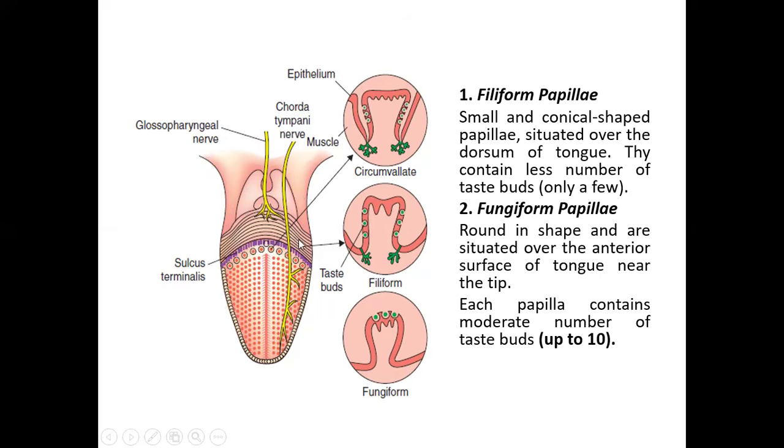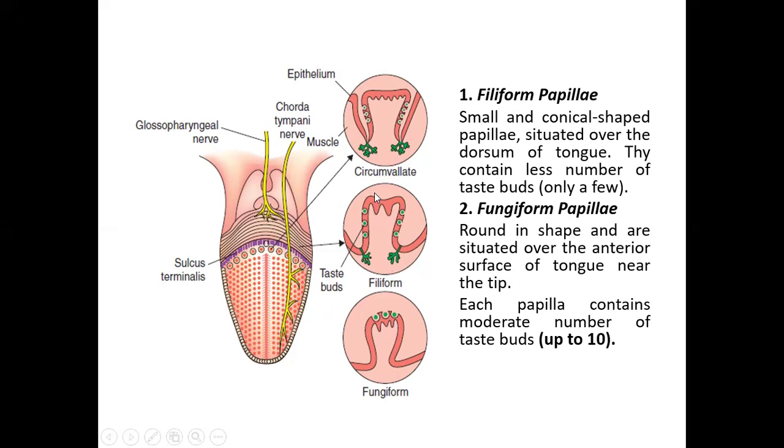This basically means it forms more like a V shape, okay? As you can see there, there are taste buds found there, okay? So these are different types of nerves that are able to detect the changes in your mouth, okay?